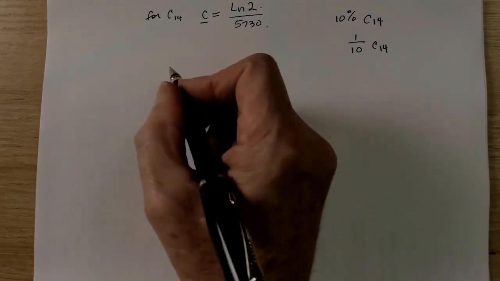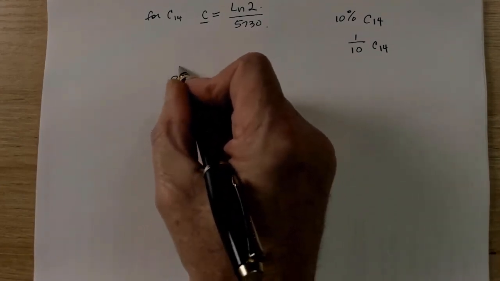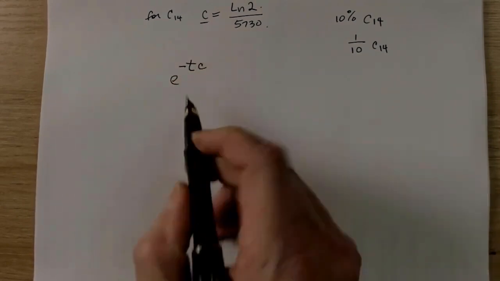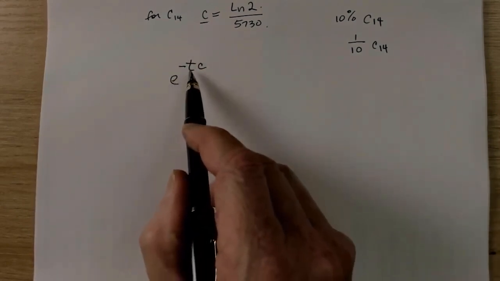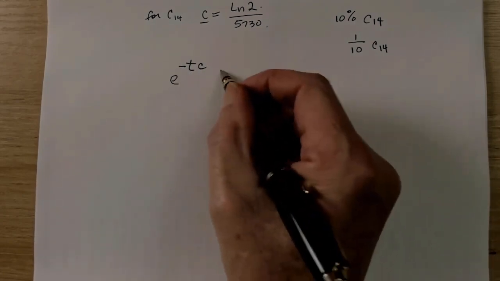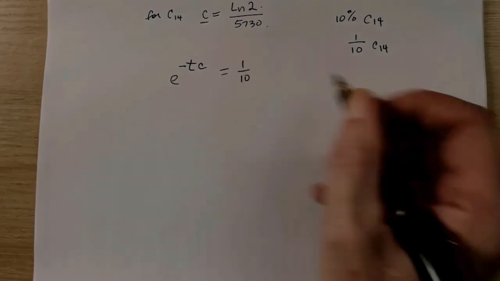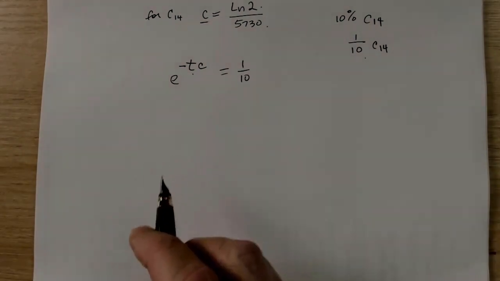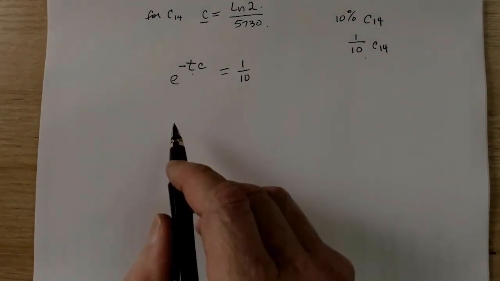Now, recall that our original equation is e raised to the power of negative t times c equals 1/10, because we have 1/10 of the original carbon-14 left. What we want to do is solve here for t.